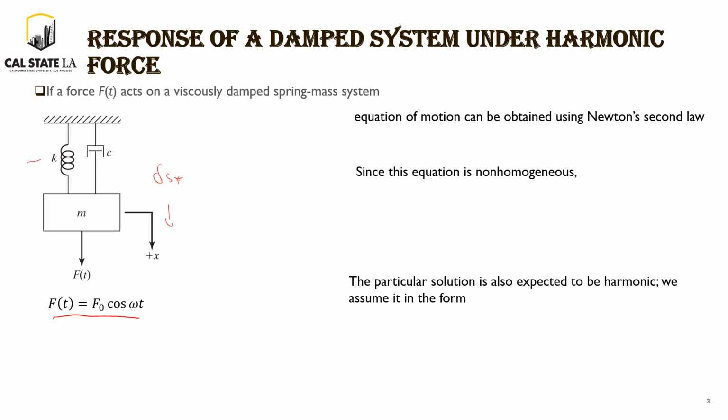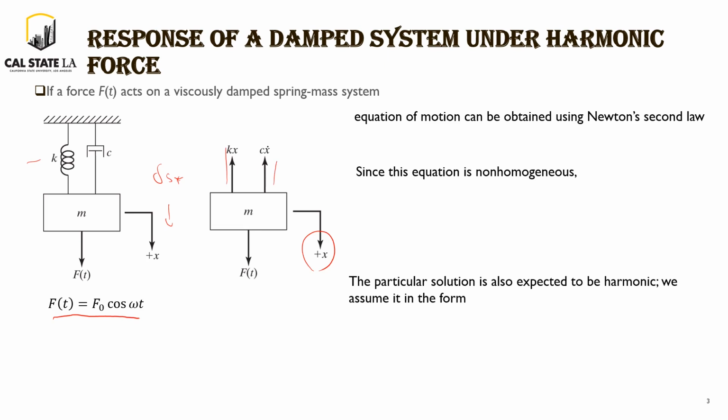The first step, we're going to find the equation of motion. We can derive it by using Newton's second law. We do the force analysis, take the block and assume that it has a small displacement of x. The force from the spring will be going up, with the value k times x, and the damper will also have a force going up, which is c times x dot.